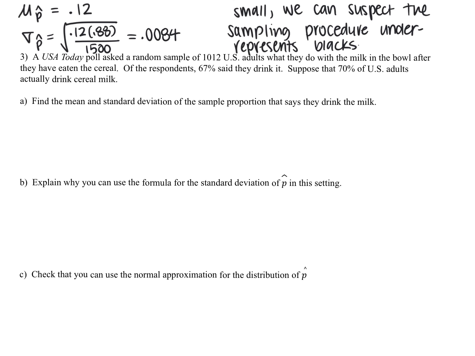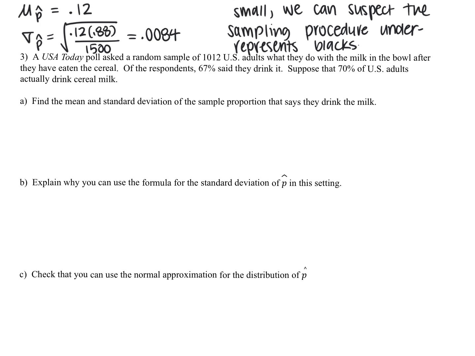So next example says a USA Today poll asked a random sample of 1,012 US adults what they do with the milk in the bowl after they have eaten the cereal. Of the respondents, 67% said they drink it. Suppose that 70% of US adults actually drink the cereal milk. So we want to find our mean and standard deviation that says they drink the milk.